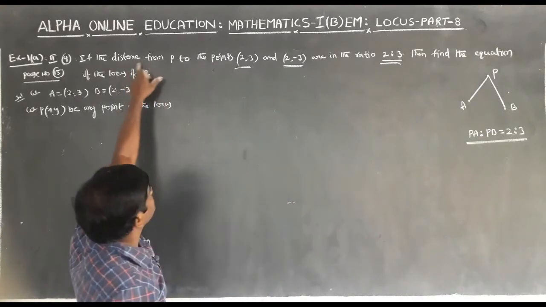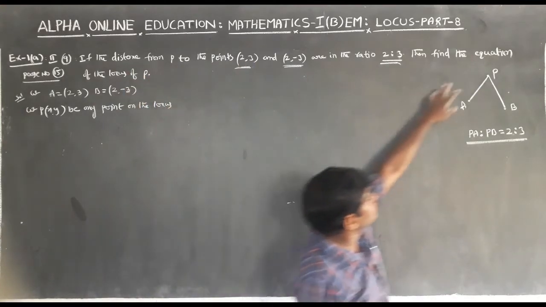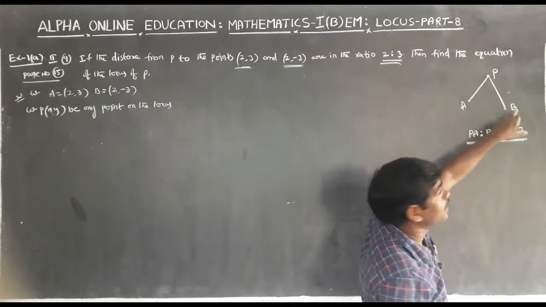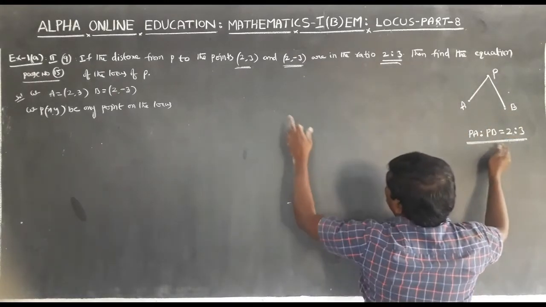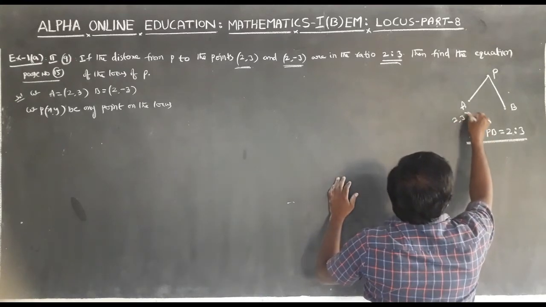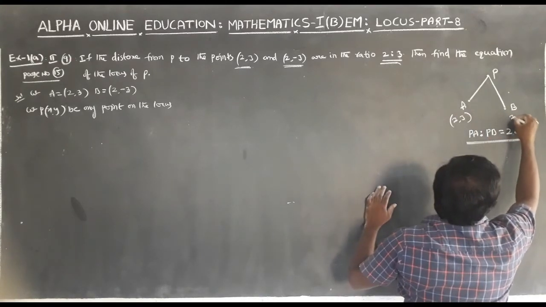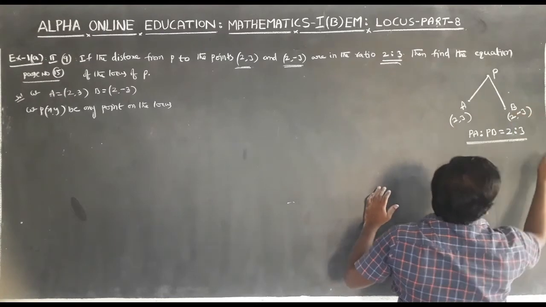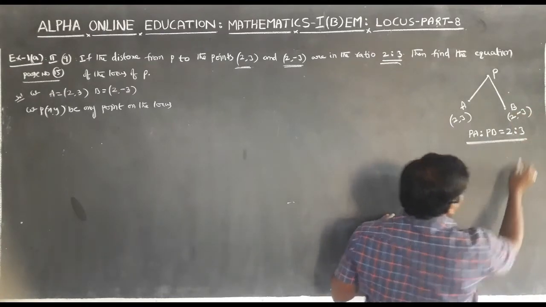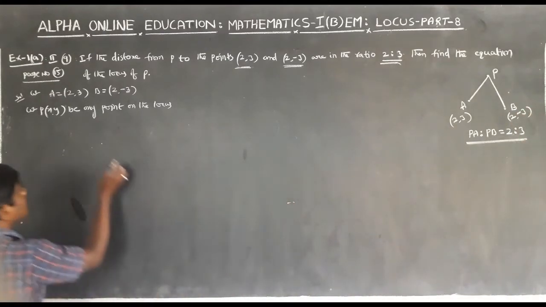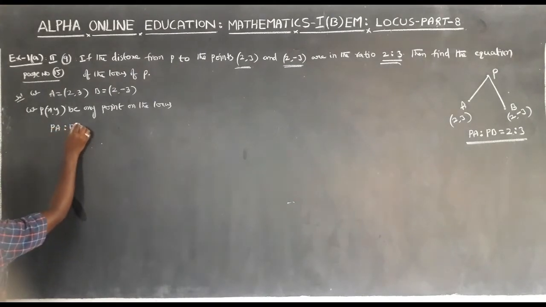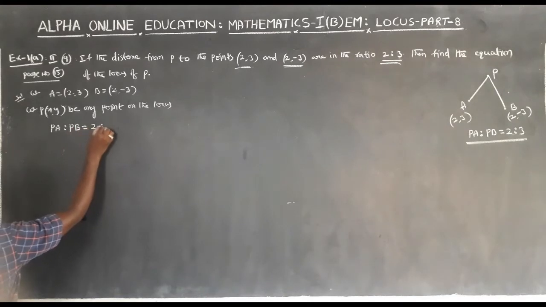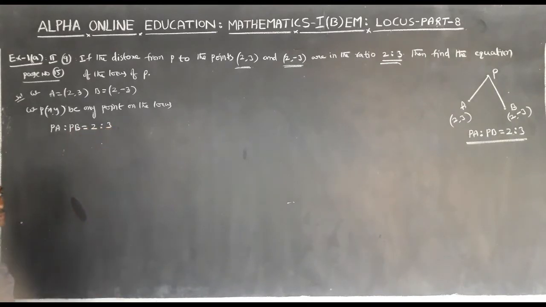The distances from P to A and P to B are in the ratio 2:3. A point (2, 3), B point (2, -3). This is the given geometric condition. Here PA is to PB equal to 2:3.